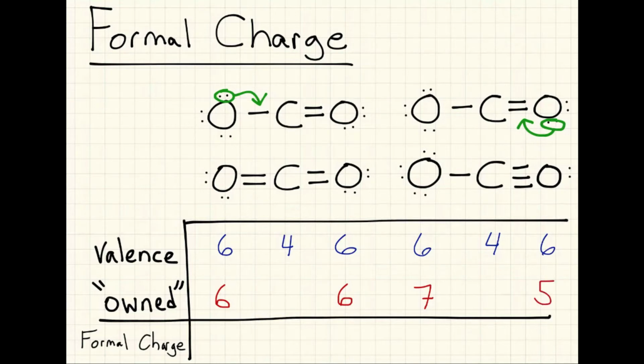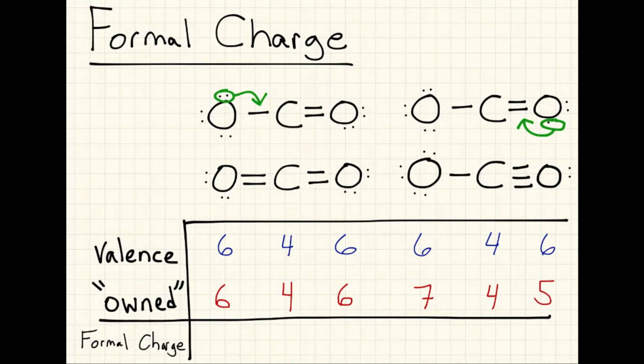Now, if I look at my carbon atoms in both cases, they're essentially identical from an ownership perspective. If I own 1 electron in every bond, then each carbon atom has 4 bonds, and therefore each carbon atom owns a total of 4 electrons. And so now the real question is, what is the formal charge on each of these atoms in these structures?